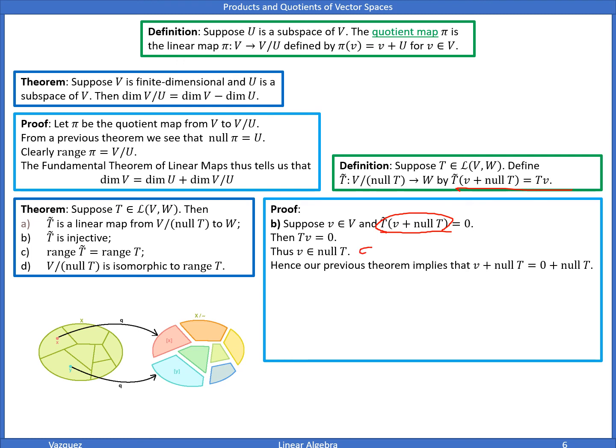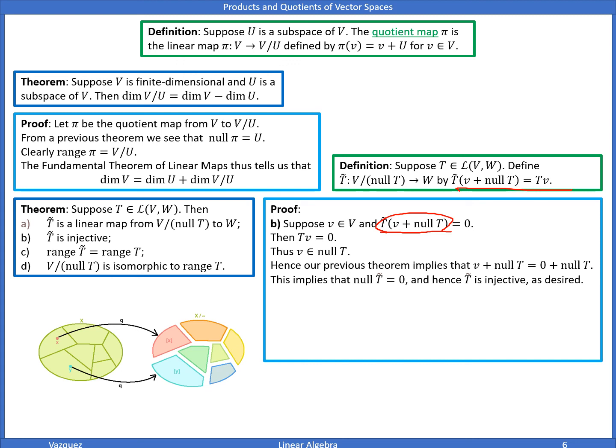So again, we're using A implies B from the previous theorem from the last slide. Like I said, we will be using that theorem a lot. And therefore the null space of T tilde is equal to 0, therefore T tilde is injective.